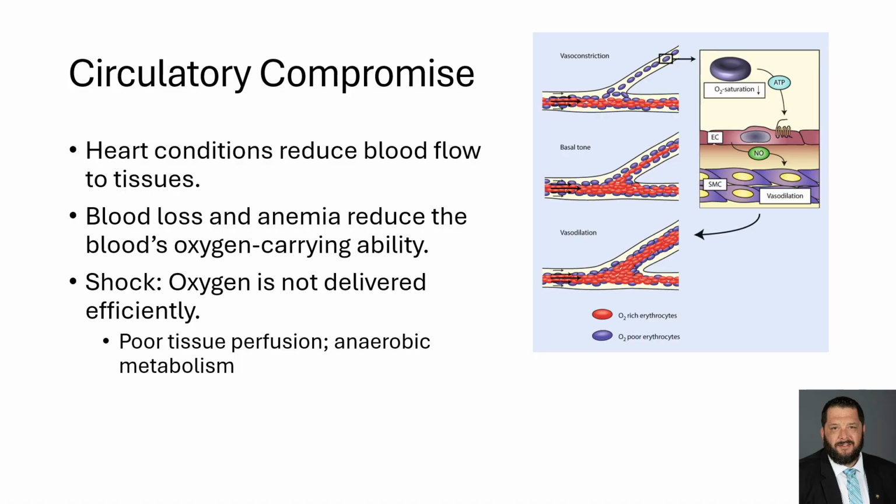They move into a state of anaerobic metabolism, which, if you'll remember again from anatomy, that produces less adenosine triphosphate and causes a significant buildup of metabolic byproducts that are further harmful to the body, things that shift the pH in one direction or another.